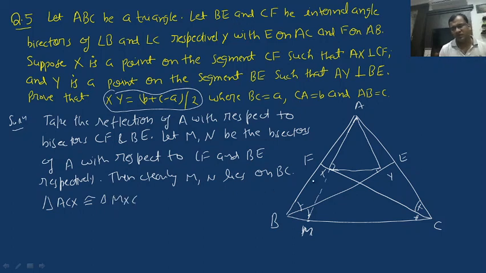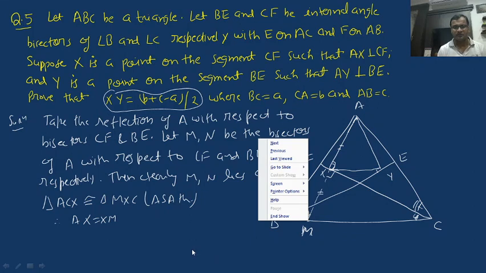You can check it because angle AXC is 90 and angle MXC is 90. These two angles are C by 2 because XC is a bisector, and XC is the common side. So by the angle side angle congruency theorem, both triangles are congruent, and by CPCT we can say that AX equals XM. So M becomes the mirror image of A with respect to bisector CF. So it is proved that M lies on BC.